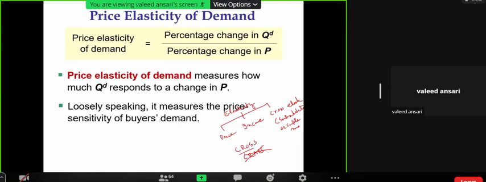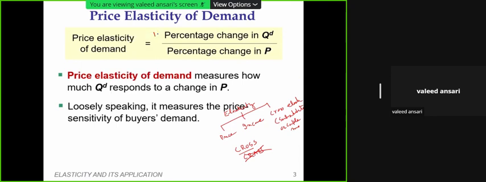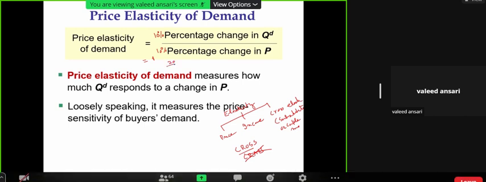For example, if quantity demanded changes by 10% and price is changed by 10%, elasticity will be 1. If quantity demanded changes by, let us say, 20% and price changes by 10%, elasticity will be 2.